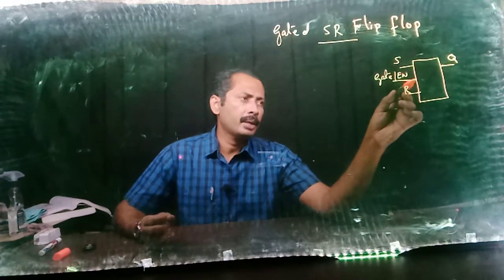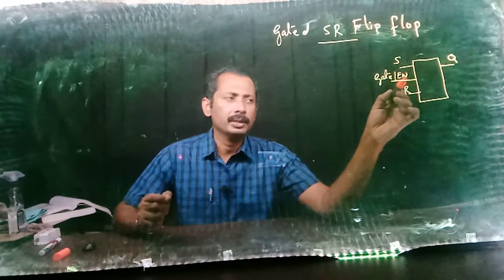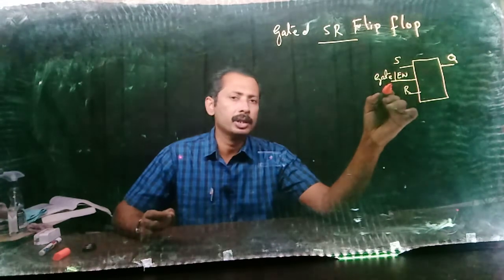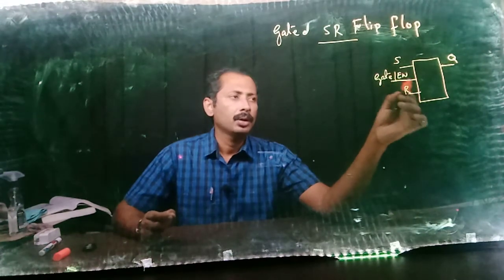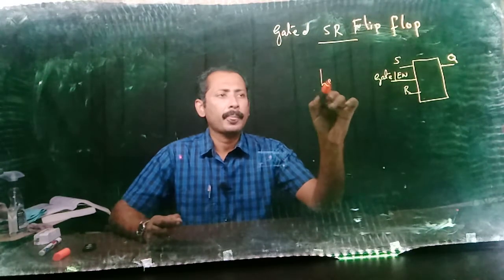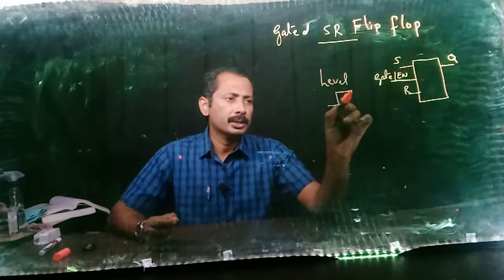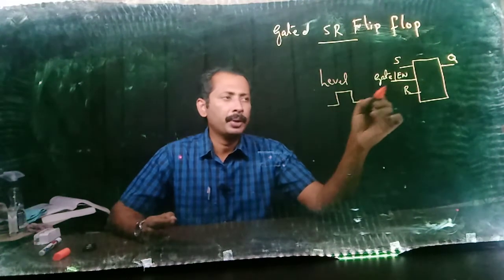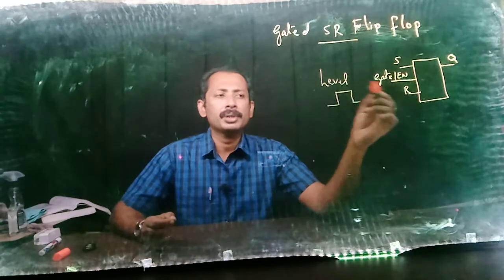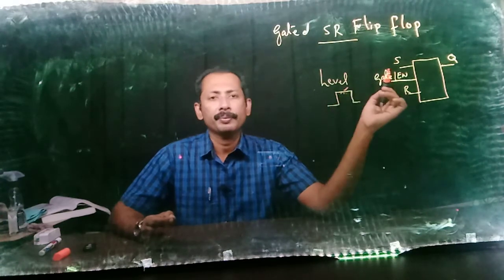And this gate can be made in such a way that this circuit works at a high voltage here. That is, we call it level triggered. If a pulse is applied at this gate, this SR becomes enabled at this portion, that is level triggered.